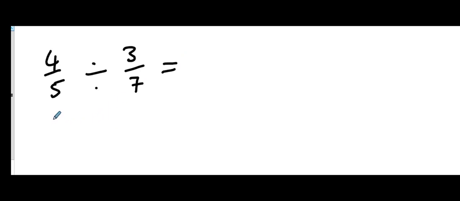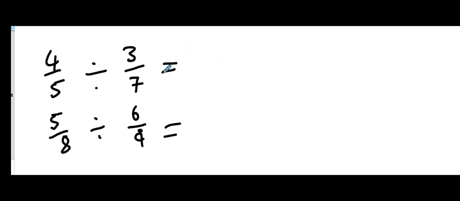Another one then, let's say 5 over 8, divided by 6 over 9. If you want to work through those examples, it'd be a good idea to pause the video now. Okay, so now I hope you've had enough time to work through those examples, and I'm going to work through the examples with you now.